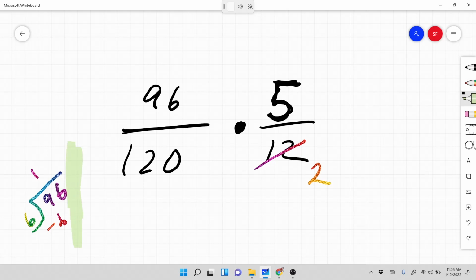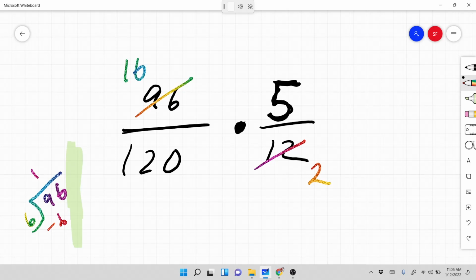Scratch paper it if you don't know it in your head. 6 goes into 96. 6 goes into 9 once. 1 times 6 is 6. 16 times, that's right.